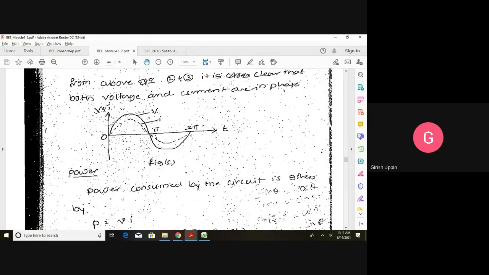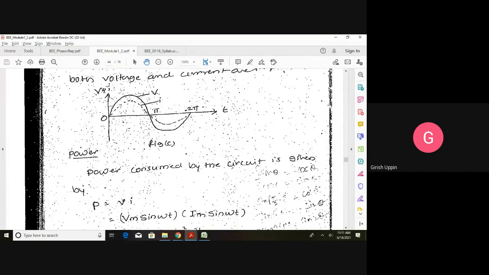At this instant, V has a certain value and I has a certain value, so the power is V into I. At the peak value, both are maximum, so power consumed is Vm into Im. Again the power consumed is 0, then it is negative, and 0 again. So the power consumed is instantaneous; with every instant the power consumed is different.